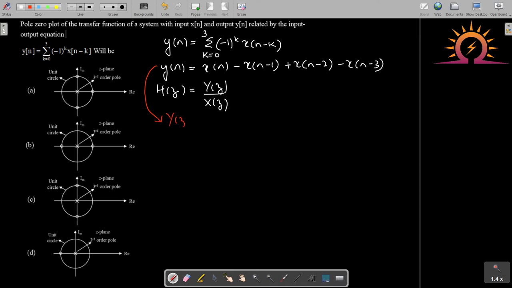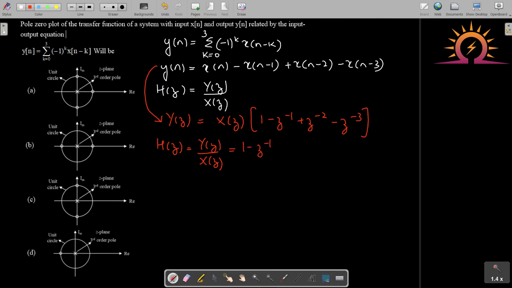It will be Y of z equivalent to X of z into 1 minus z to the power of minus 1 plus z to the power of minus 2 minus z to the power of minus 3. That is, H of z is Y of z by X of z, which would be equal to 1 minus z inverse plus z to the power of minus 2 minus z to the power of minus 3.